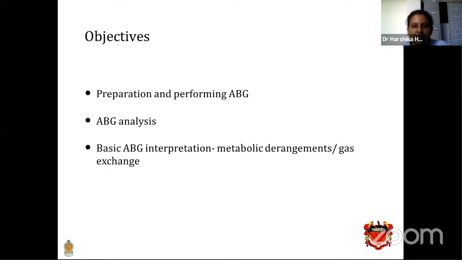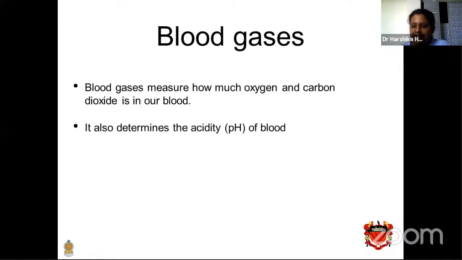Here, what I'm going to talk to you about is the metabolic panel as well as the gas exchange. Blood gas analysis or interpretation is a very vast and complex subject, but today I'm going to talk about only the simple blood gas analysis.